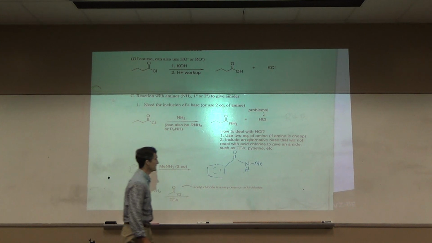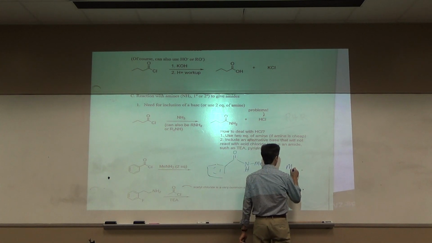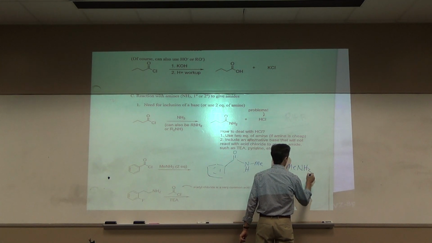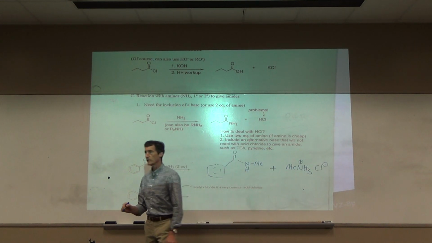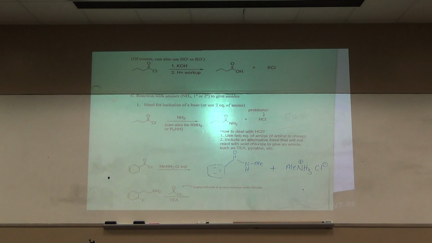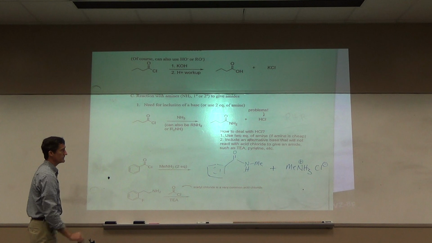Have methylamine take the H. We're going to make that ammonium chloride. What's the purpose of the second equivalent of the base? To react with the HCl that might otherwise have been generated. Right? We use two equivalents.